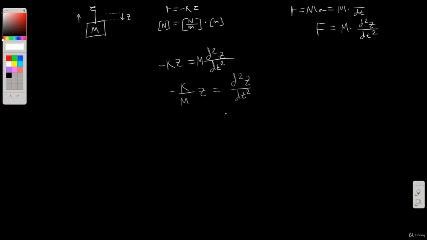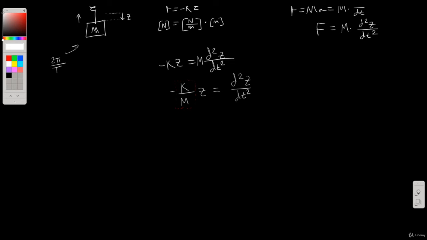For many of you who aren't familiar with this, it turns out that this term, k over m, is a well-known term. It gives us a value equal to the square of the angular frequency of this system as it oscillates up and down, which is simply 2π over the period.